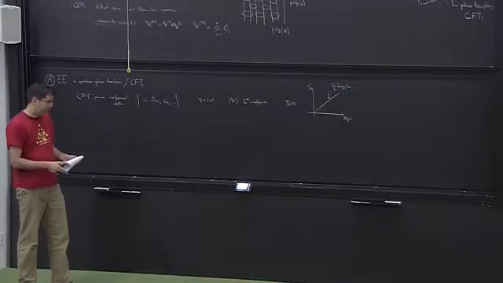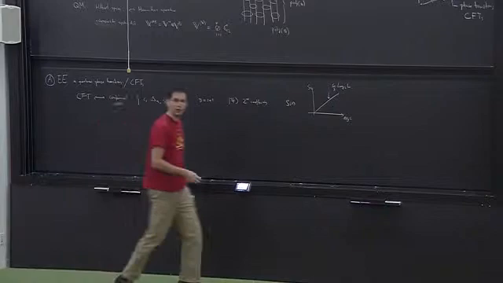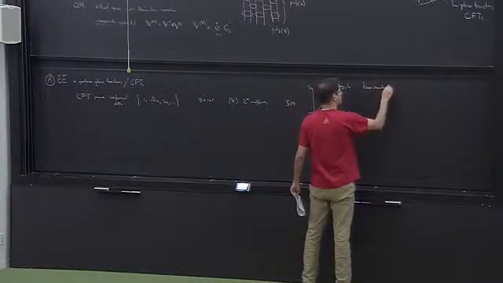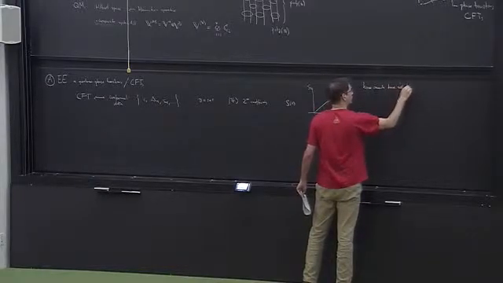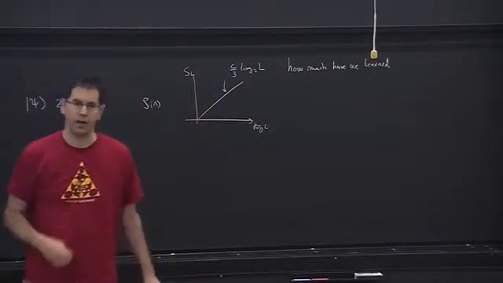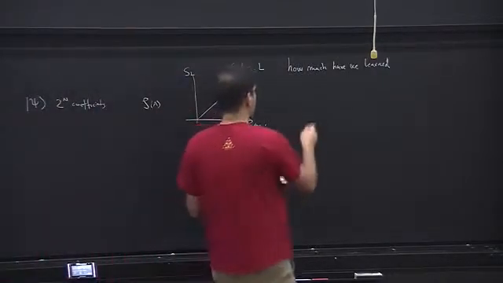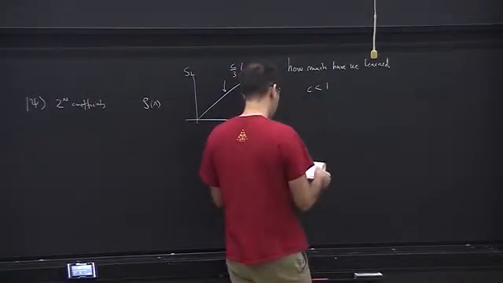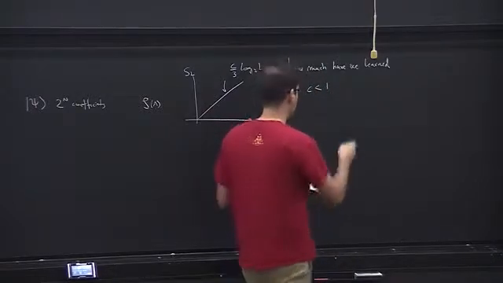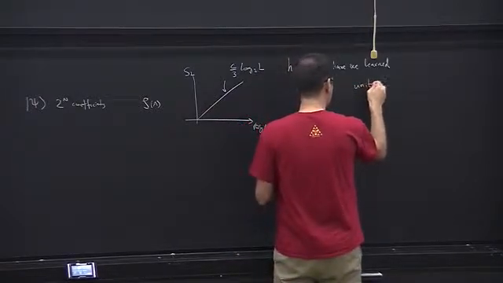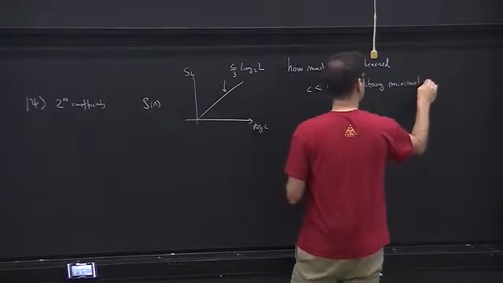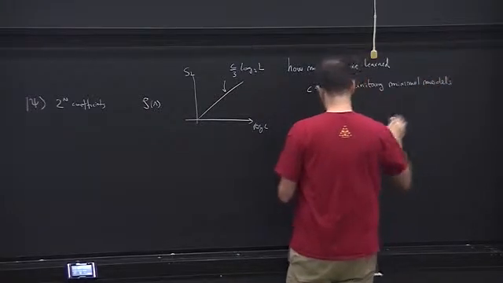How much have we learned? We haven't learned everything about the CFT. We have only learned the central charge, but it so happens that for central charge smaller than 1, there is a discrete set of what are called unitary minimal models.